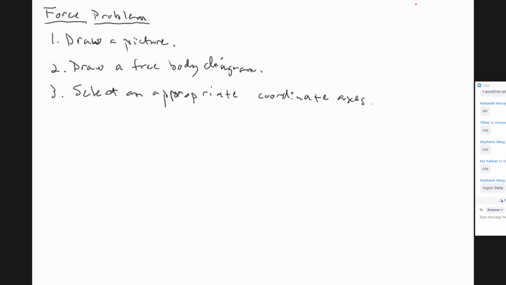Fourth thing, break up any necessary vectors into components.